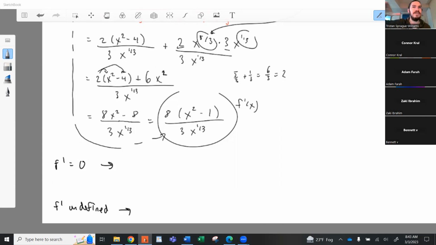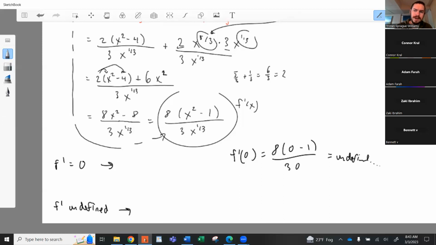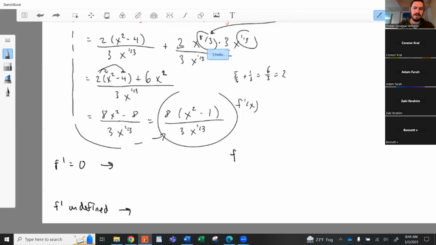That's a different thing. If you do f prime of 0, that's 8 times 0 minus 1 over 3 times 0, which is undefined. So it's communicating the wrong idea with that notation. But your answers are more or less correct. You're missing one, there's one missing here somewhere.